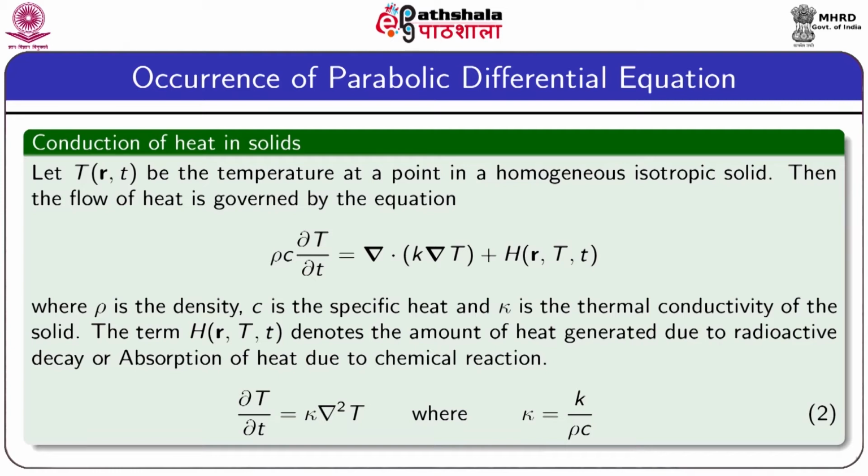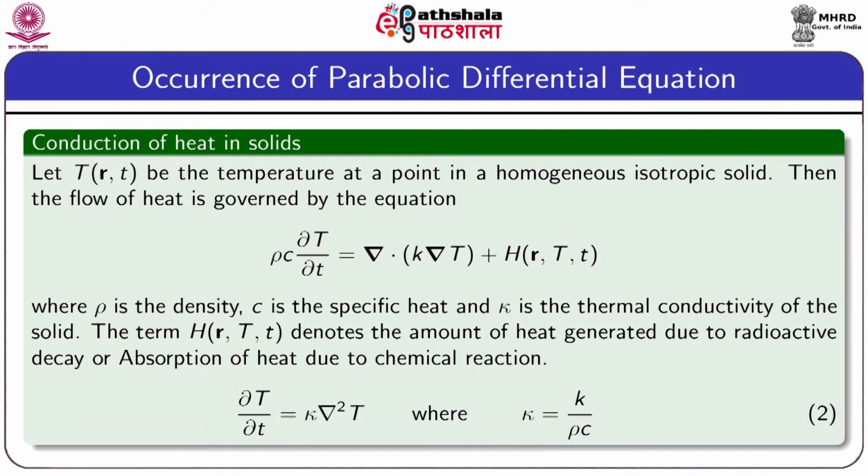Then the flow of heat is governed by the equation rho C del T by del t is equal to divergence of K grad T plus capital H of r and t, where small r is the position vector, capital T is the temperature at a point and small t represents the time variable, and rho is the density, C is the specific heat and K is the thermal conductivity of the solid.